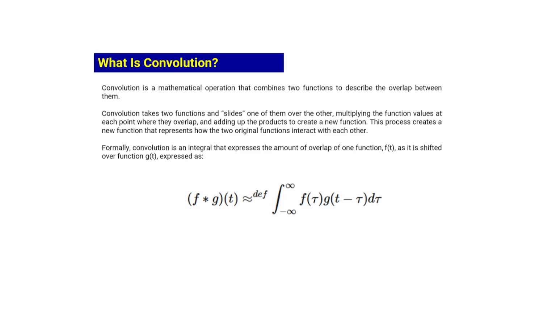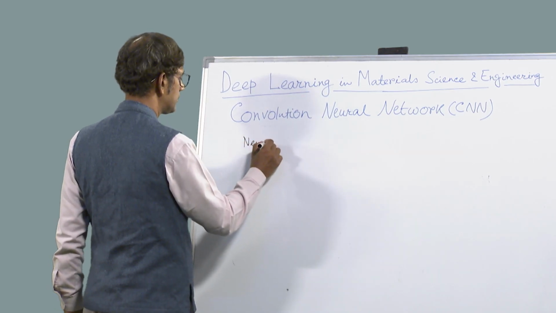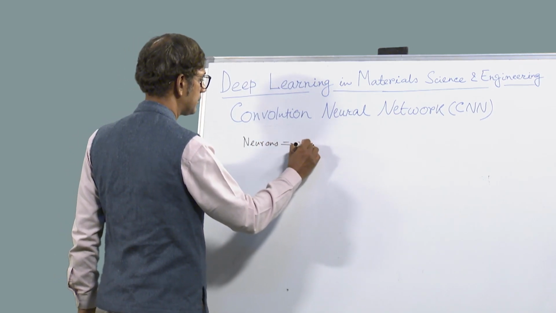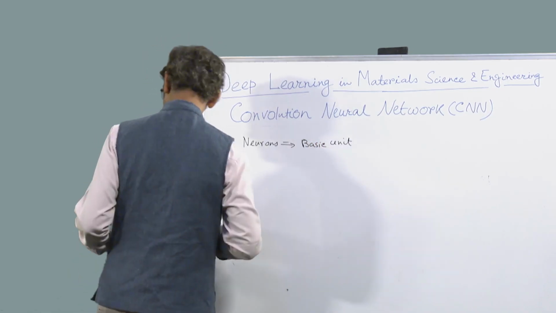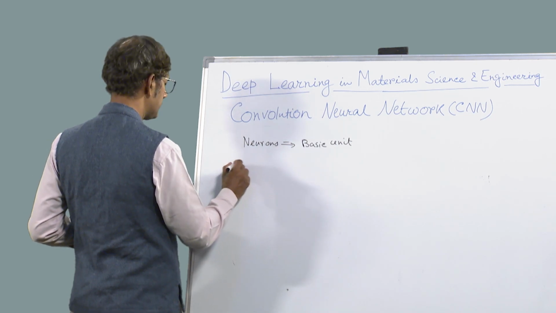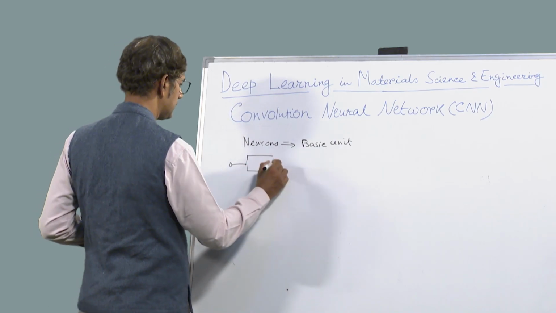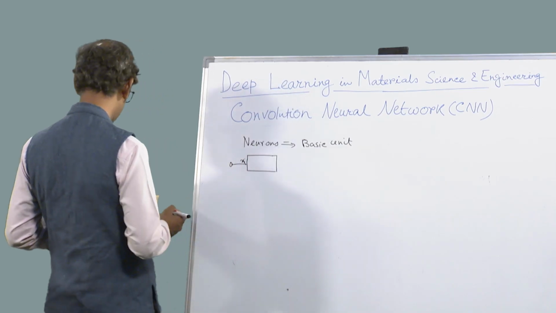Since we are connecting to neural networks, you can always think of neurons as the basic unit. So, what do you do? You have inputs, basically x_i.